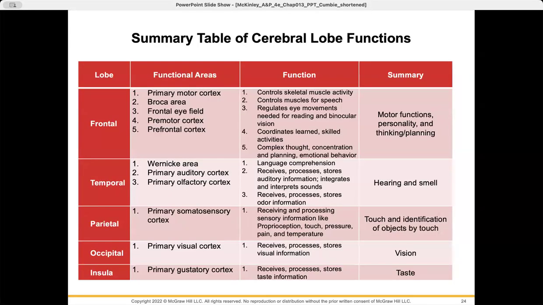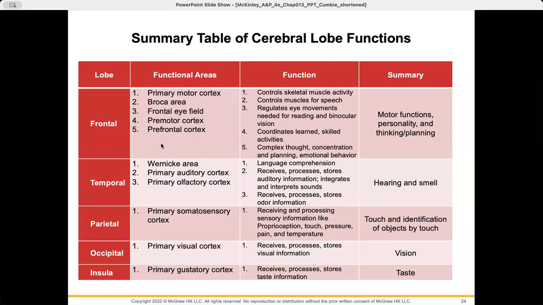This is the summary table that I would have you look at, especially for learning some of these areas. We've got the frontal lobe, temporal, parietal, and insula. It talks about their functional areas, what they are called, and in general the summary of their functions.